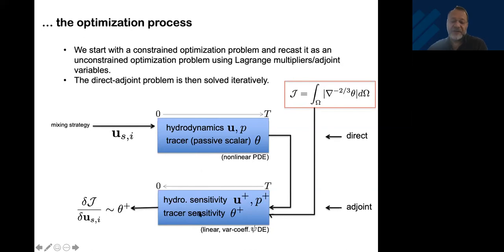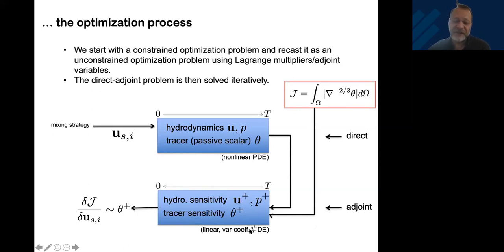Now, these 2 equations on the bottom are actually linear. The top one is nonlinear. That's the nonlinear Navier-Stokes equations. The bottom ones are linear, but have a driving term that comes from our cost functional. And here is our cost functional, the nabla to the -2/3 theta d omega. So it's driven by a fractional derivative. Okay? That makes that set of equations what's called a pseudo-differential equation.